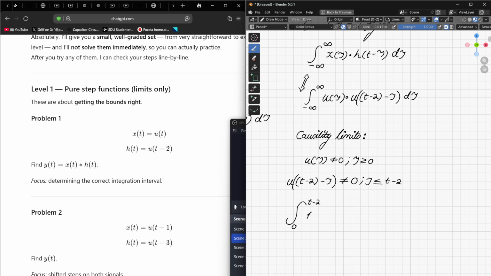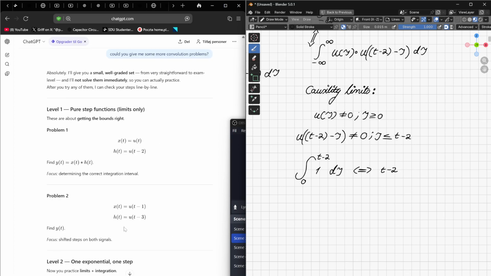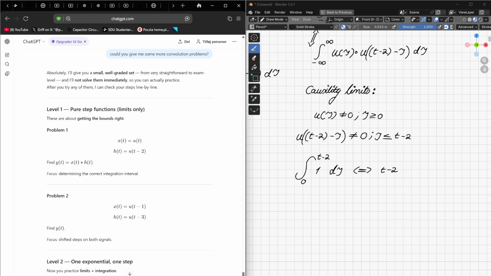I guess you'd only be left with 1 d tau, like that. And then this should be t minus 2. I don't know. I'm not too sure about this one. Just ask ChatGPT.